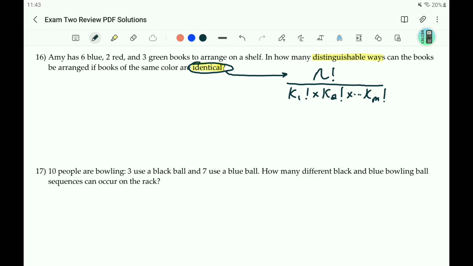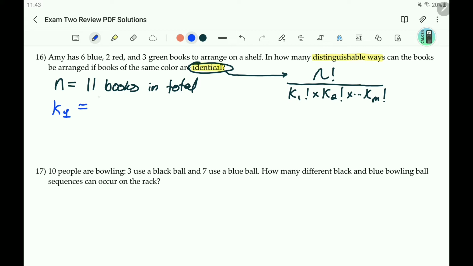Let's find what n is. N represents how many things we have in total. We have 6 blue, 2 red, and 3 green. 6 plus 2 is 8. 8 plus 3 is 11. There are 11 books in total. Now we're going to go with K1, and K1 is going to be the blue books.